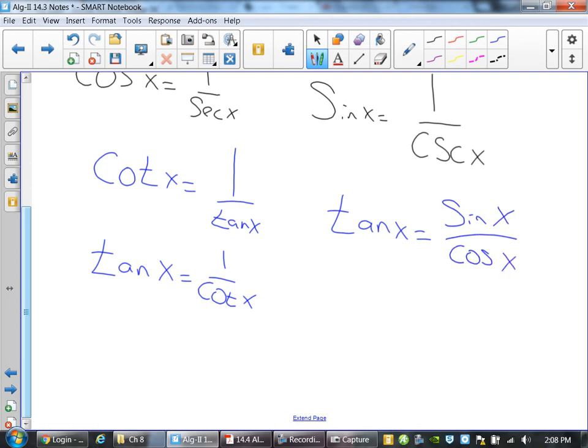Therefore, if tangent is sine over cosine, what's cotangent then? That's it. Cosine over sine. Okay. All right, let's try something even fancier.